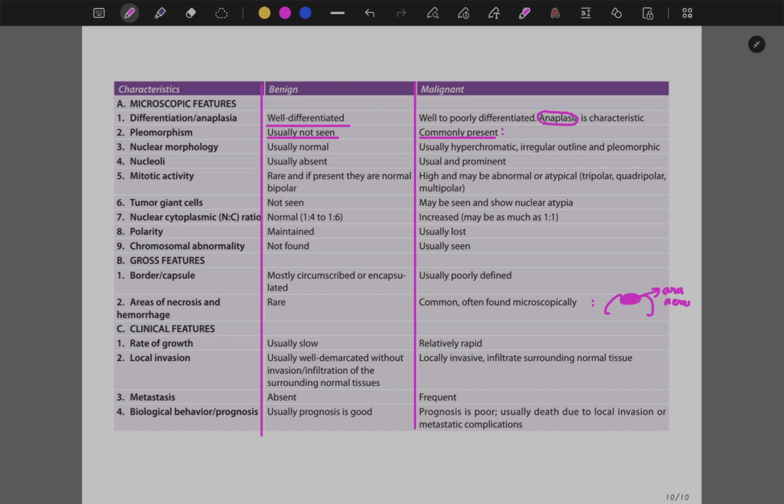And metastasis is absent in benign, and it is present in malignant. Metastasis is the primary defining feature of a malignancy. And the prognosis of benign tumor is very good, and malignant is very poor because death can occur due to metastasis. That's all. Thank you.